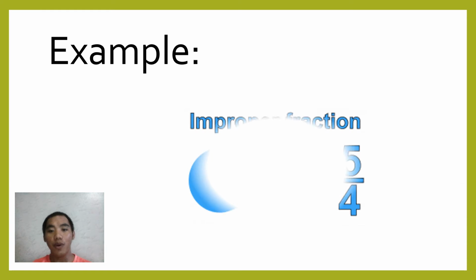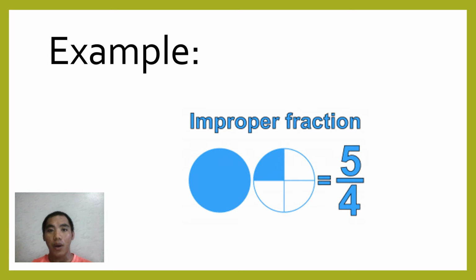An example of an improper fraction is 5 over 4. Why is it that 5 over 4 is an improper fraction? We mentioned a while ago that if the numerator is greater than the denominator, that is an improper fraction. Or if the numerator and the denominator are equal, that is an improper fraction also.